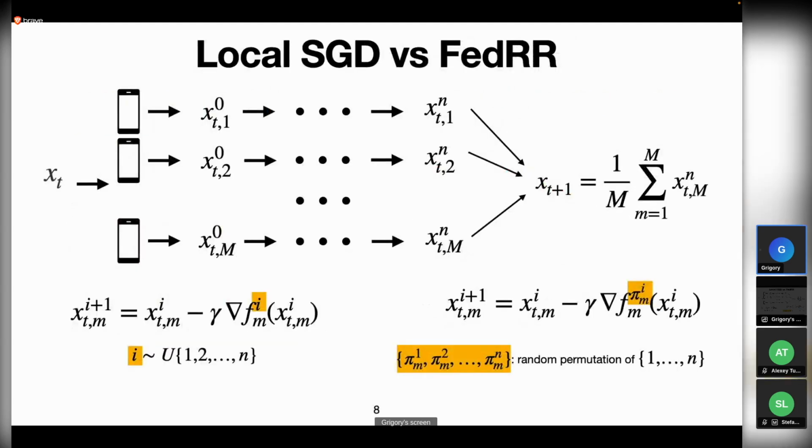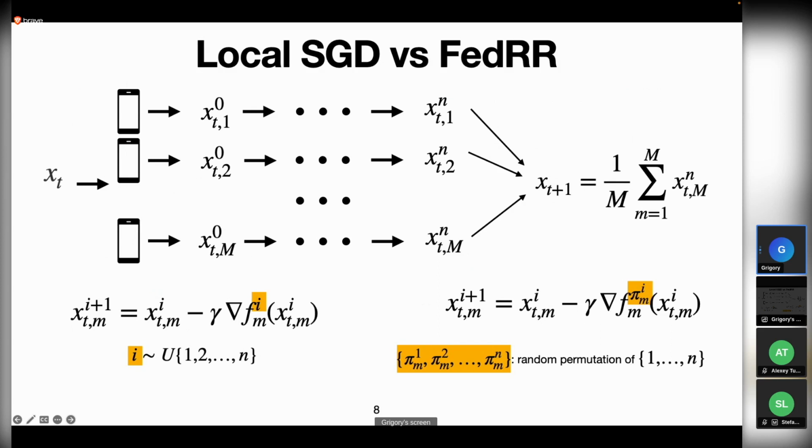Let me briefly explain how local SGD and federated random reshuffling work. In the beginning, on some round, we have a global model x_t. This global model is sent to all participating clients, and each client starts to do some local steps.